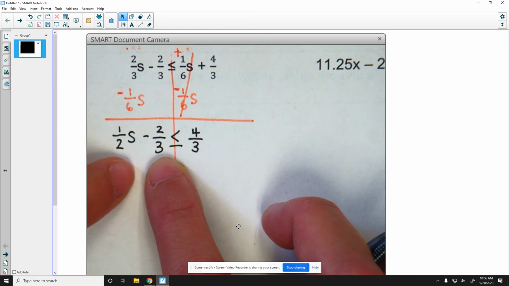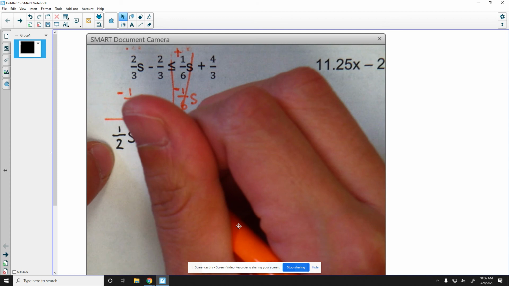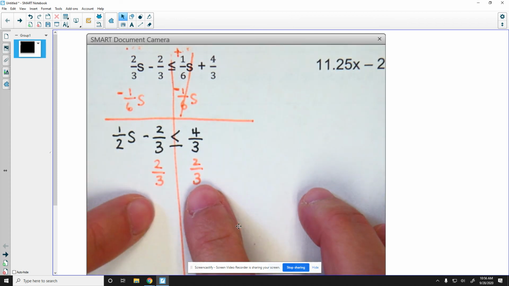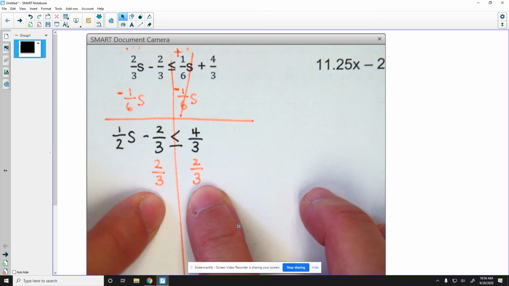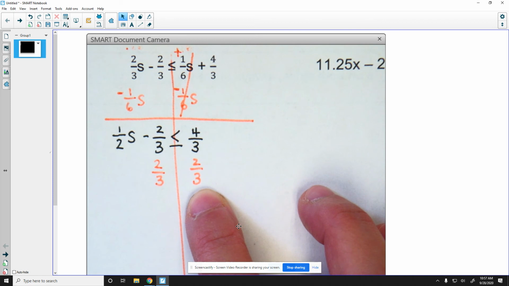One of you must know, the one that's farther away from the S. Negative 2/3? Yes, thank you. I'm going to move the 2/3 because that one is farther away from the S. So I'm going to drop that one down. Okay, online kids, someone other than Tyler. How do I move this 2/3? Add, subtract, multiply, divide.